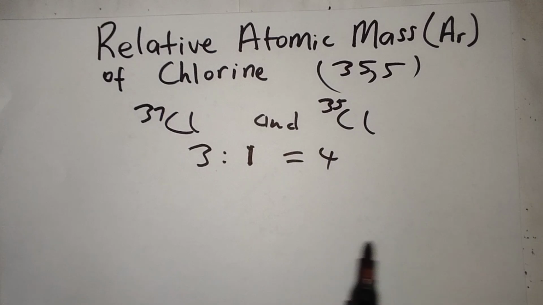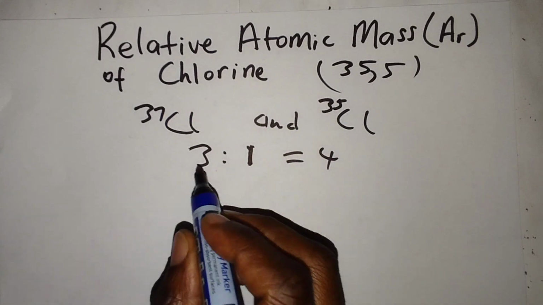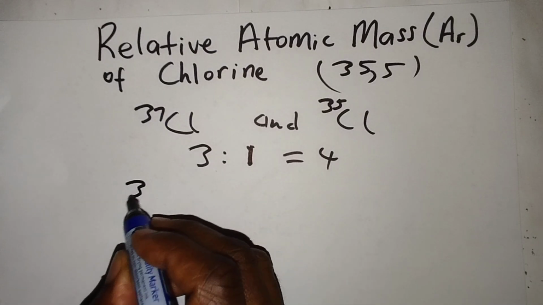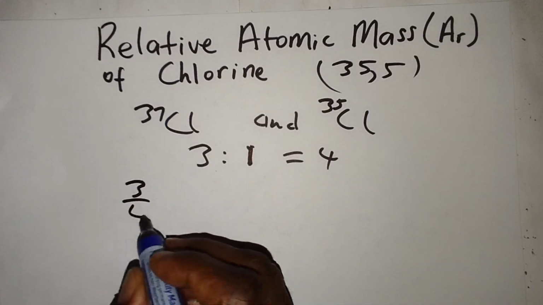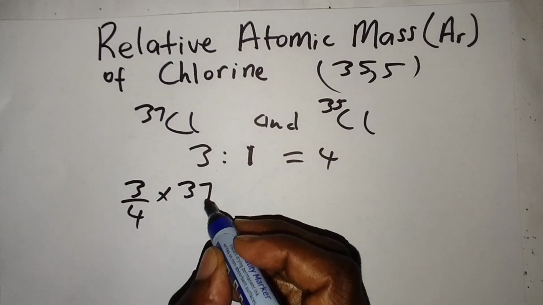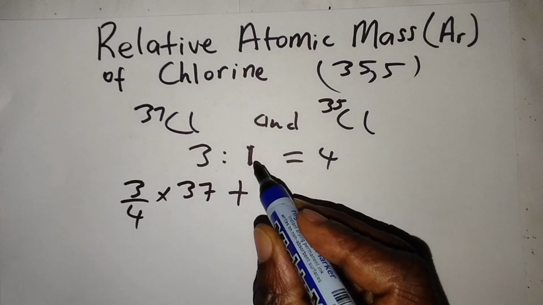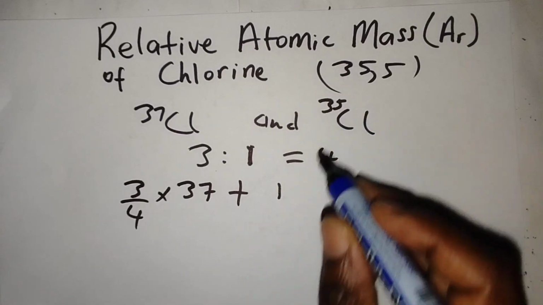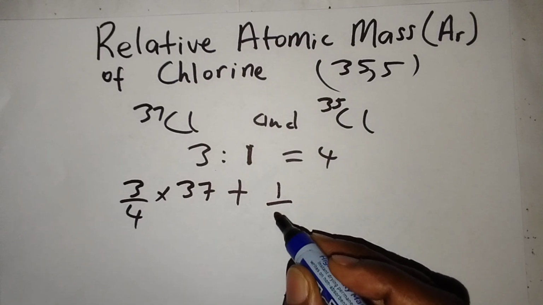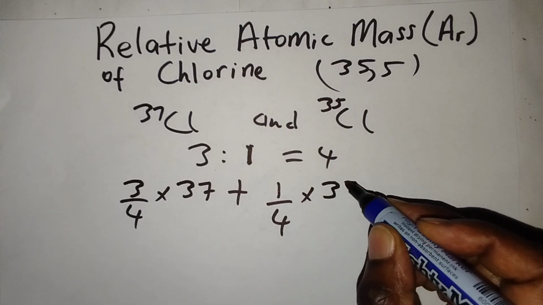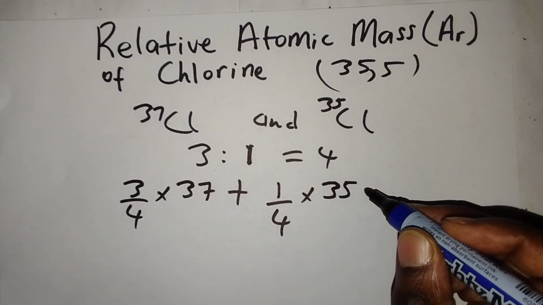For us to come up with this 35.5, we simply say 3, which represents the chlorine 37 isotope, 3 over the total of the ratio, that's 3 over 4, multiplied by the mass of 37, plus 1 over 4. 1, remember, represents the ratio of chlorine 35. 1 over 4, which is the total of our ratio, multiplied by the mass of the chlorine isotope, which is 35.